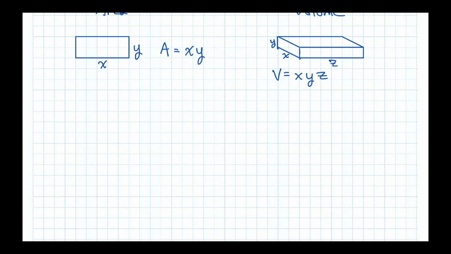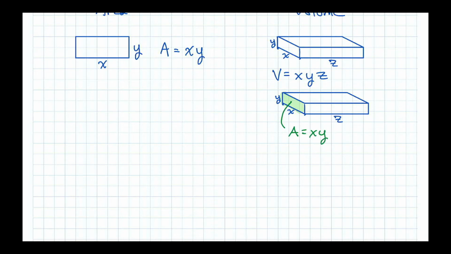Well, let me draw the picture again. Of course, you know how it's already related, but take that, duplicate it, move it down here, like so. And if you think of taking just the side of this box here, that right there has an area. That area is X times Y, right?